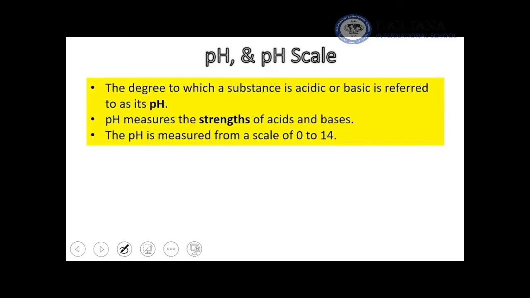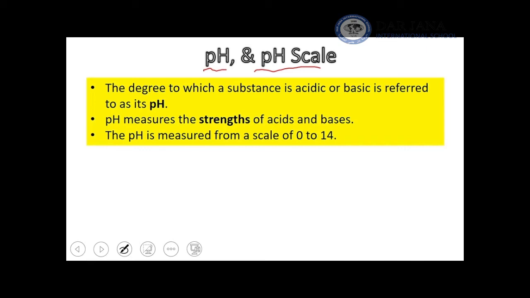Okay? So to do this, we need to use something called pH and the pH scale. So pH is like any other scale. It tells how strong or weak an acid or a base is.